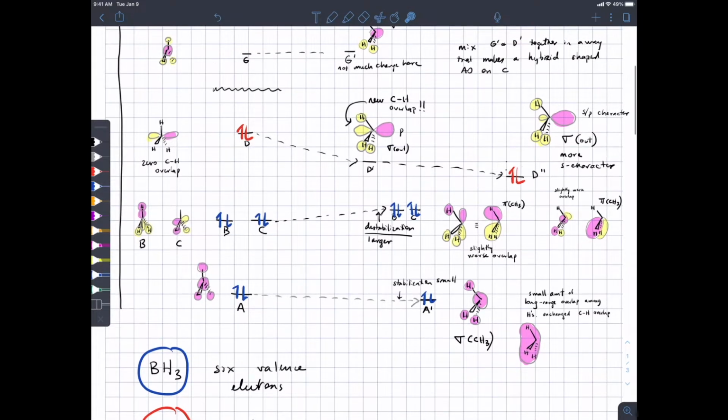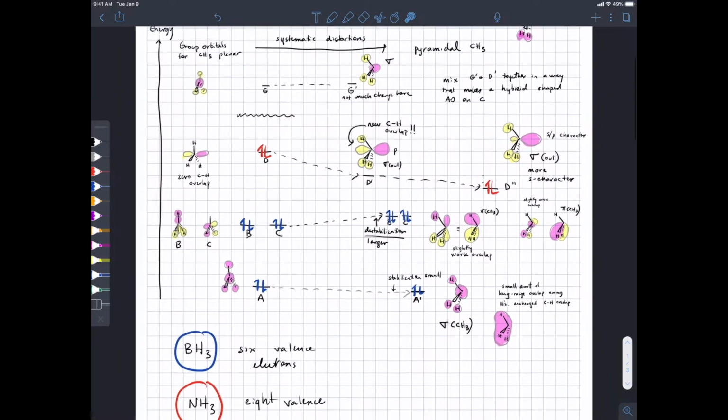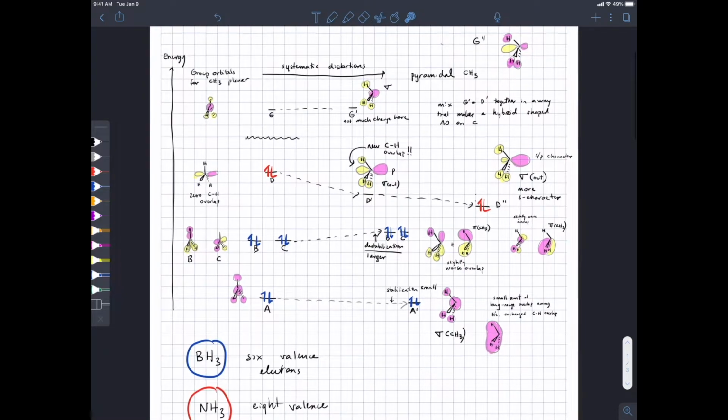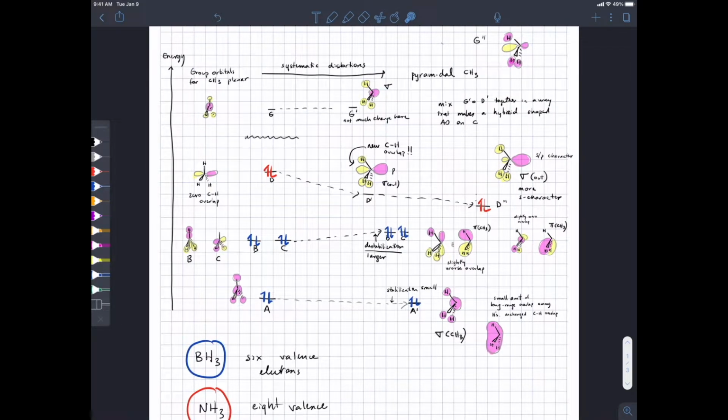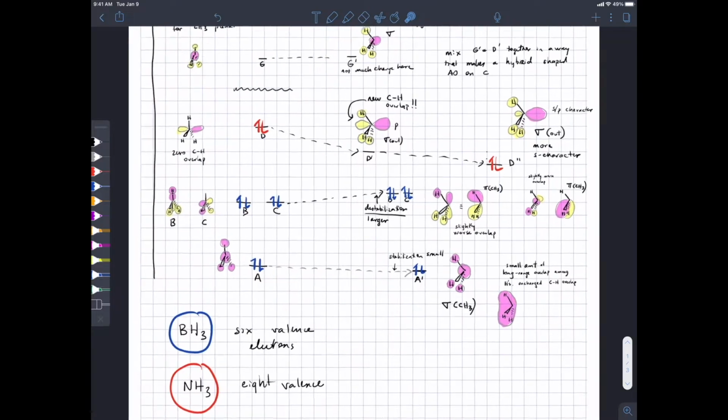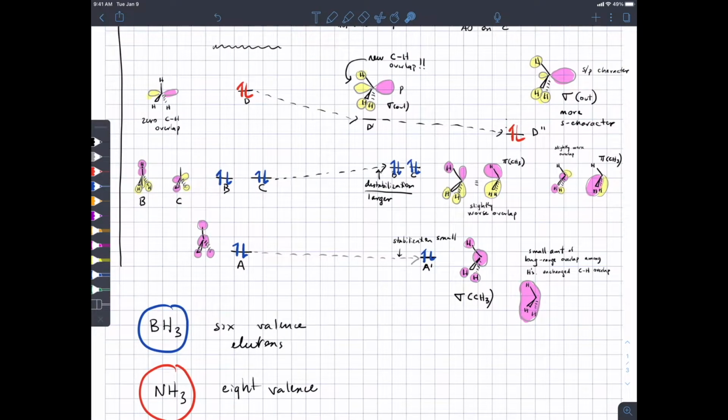And then we used these two parts of our Walsh orbital diagram to make some conclusions, just based on counting electrons, about the geometric structures of BH3 versus NH3.